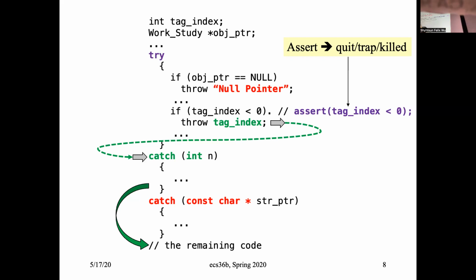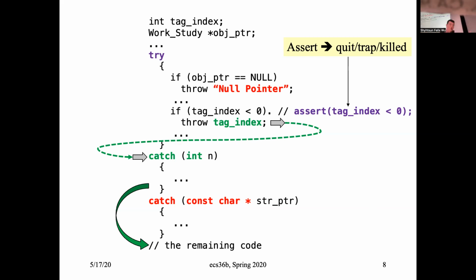Also, I should say that you can see each of the catch clauses has a parameter, an argument, and that argument is related to whatever type it is. So in the previous case, the string pointer is going to be the null pointer in the red part, because that parameter is being passed in here. And over here, you can see that this integer n matches whatever the tag index is.